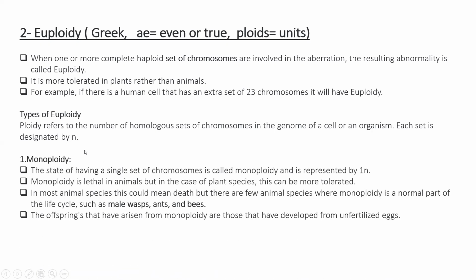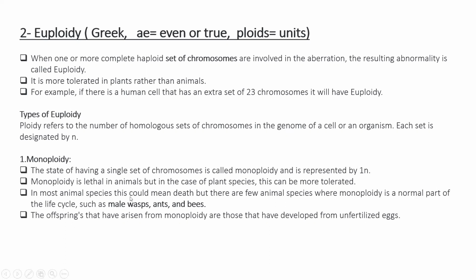Now monoploidy. What is monoploidy? The state of having a single set of chromosomes is called monoploidy, and it is represented by 1n. Monoploidy is lethal in animals, but plant species can tolerate it more.